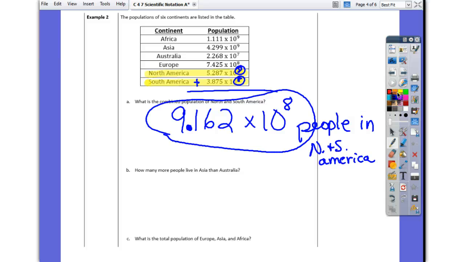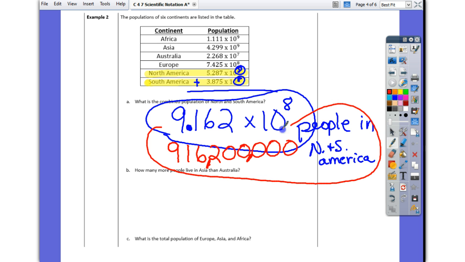So we need to move it to the left 8 places, right? Ah, it's a positive, so we want to go to the right 8 places. 916. So what will it be? 9, 900. 3, 4, 5, 6, 7, 8. 1, 2, 3, comma, 1, 2, 3, comma. So how many people do we have now? This makes more sense to me.